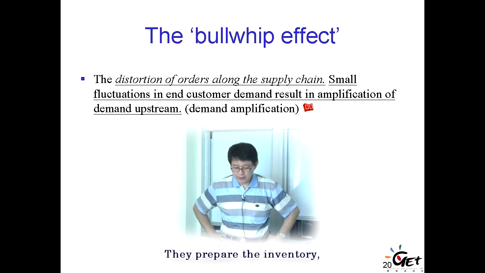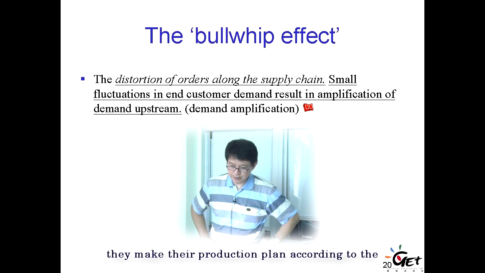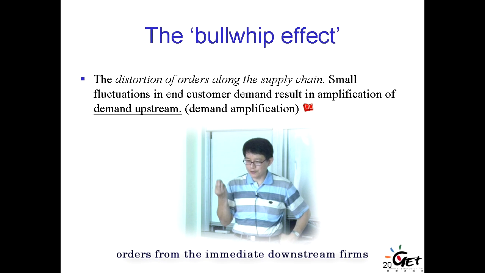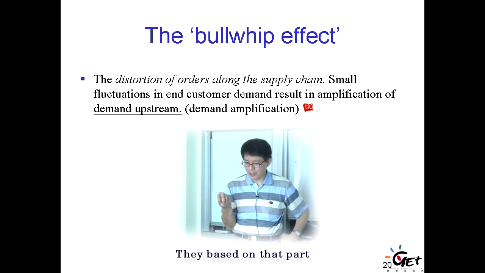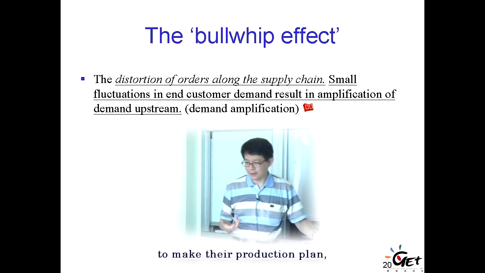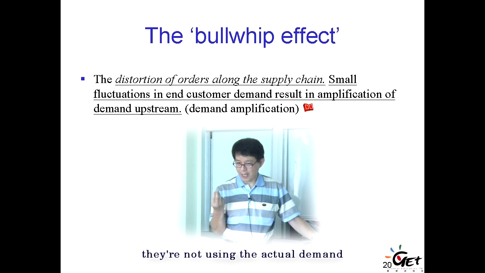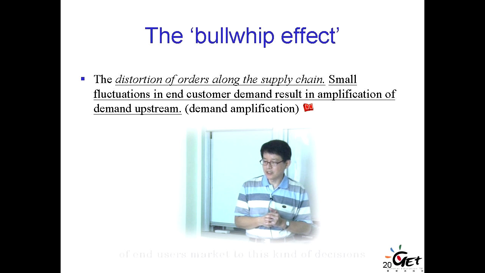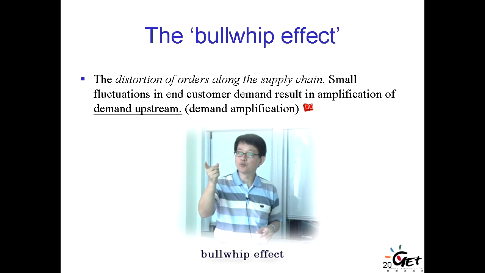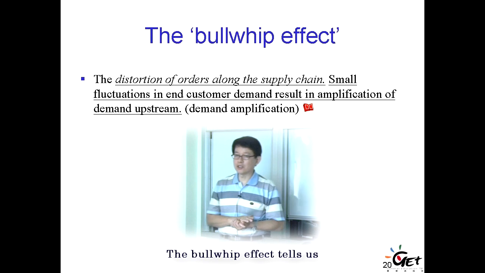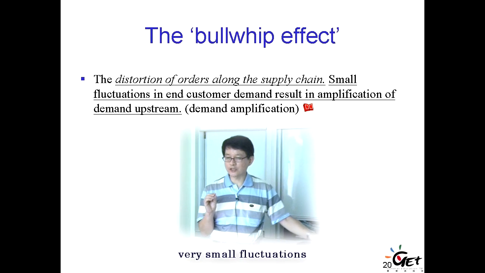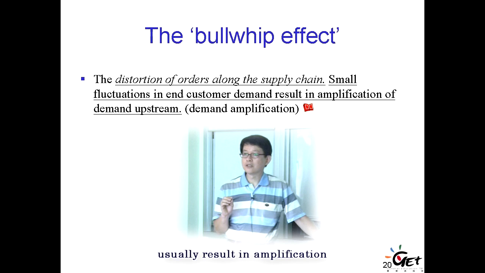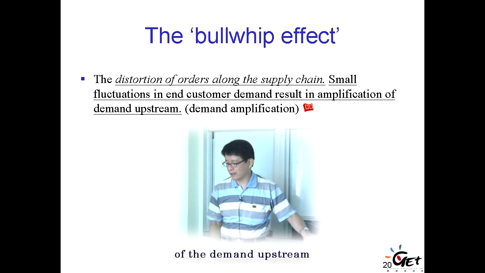They make their production plans according to the orders from their immediate downstream firms, right? They base their production plan on that. Okay? They are not using the actual demand of the end user market to make this kind of decision. This is very dangerous because of the bullwhip effect. Okay? The bullwhip effect tells us that very small fluctuations in the end customer demand usually result in amplification of the demand upstream.